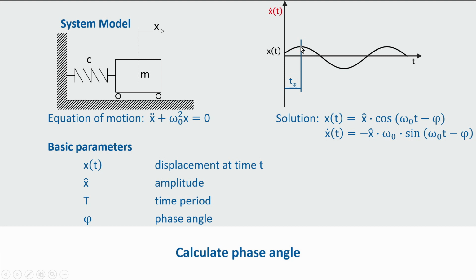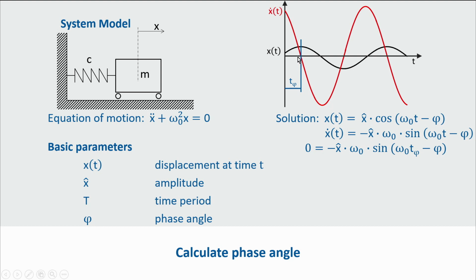And the difference between this point and the 0 point, time-wise, is the time t phi. We have to calculate this time t phi in order to calculate our actual phase angle. And how we can do that is we can plot our velocity x dot, and you can see that the velocity x dot is 0 at this point.